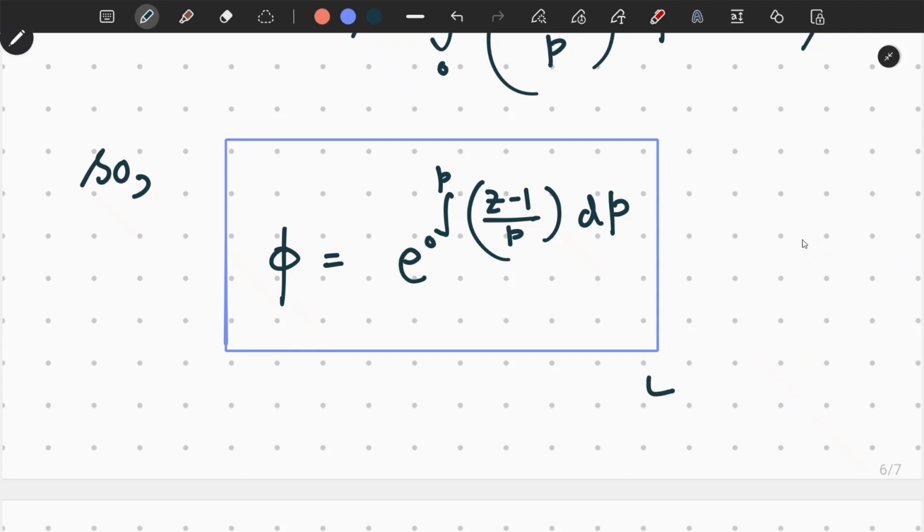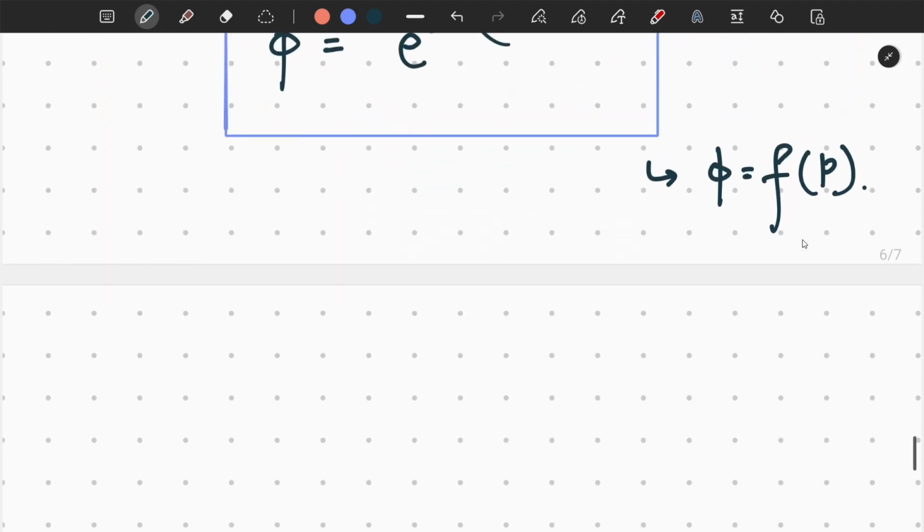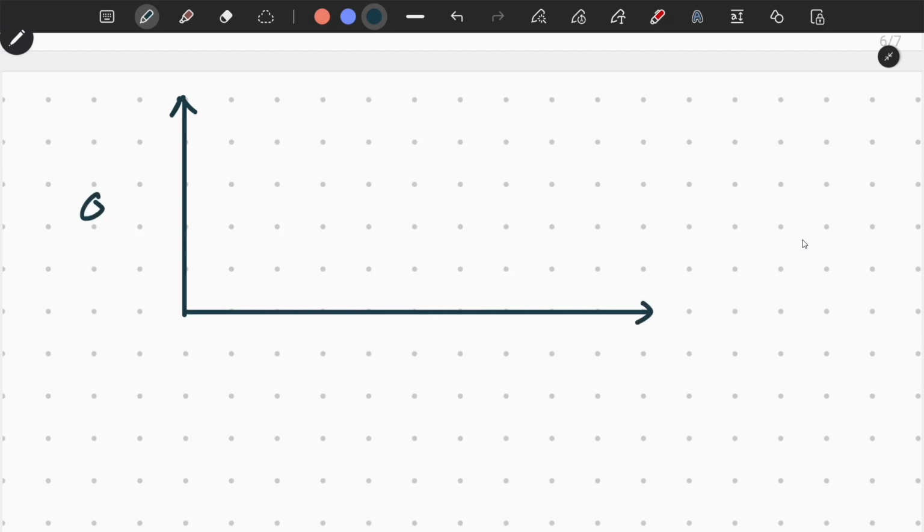So from here you can write it. Let me write it explicitly. Now we can simplify it. So if you want to calculate phi with pressure, because it depends on pressure, when P tends to 0, phi is already 1, you know.